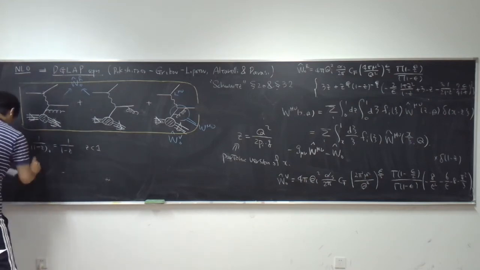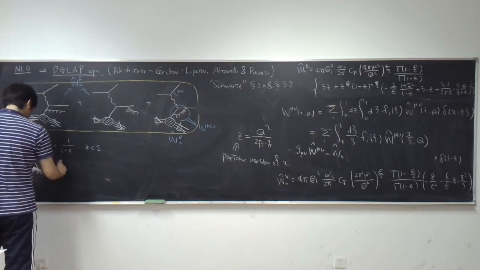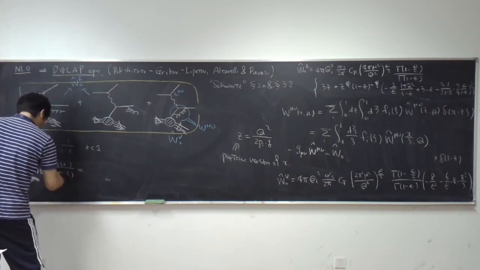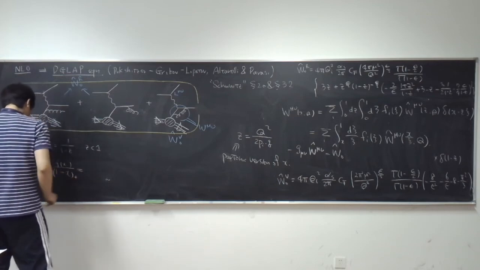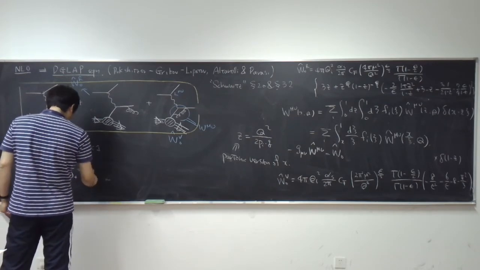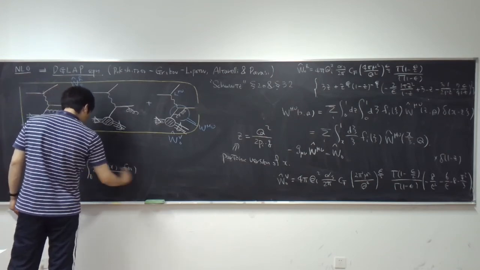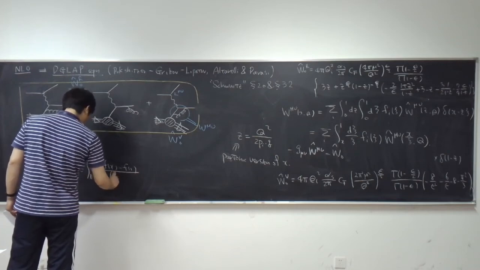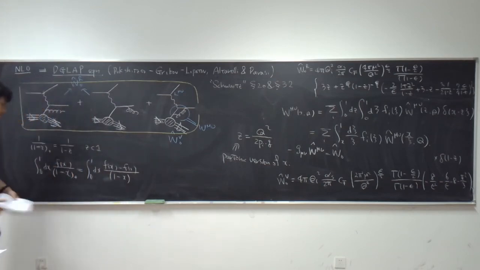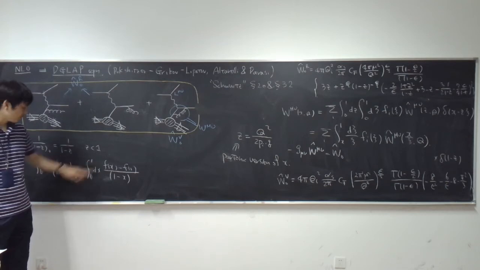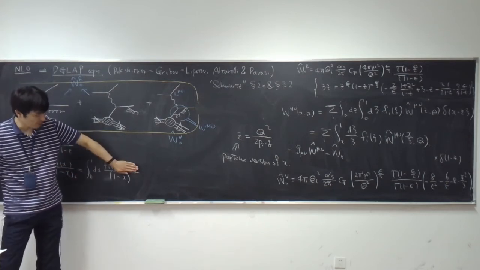For instance, this plus function is indeed the same as the integral from 0 to 1 of dx, f of x minus f of 1, divided by 1 minus x. Now, of course, when integrating from 0 to 1 minus epsilon, everything is the same, so you don't need to worry about this one.